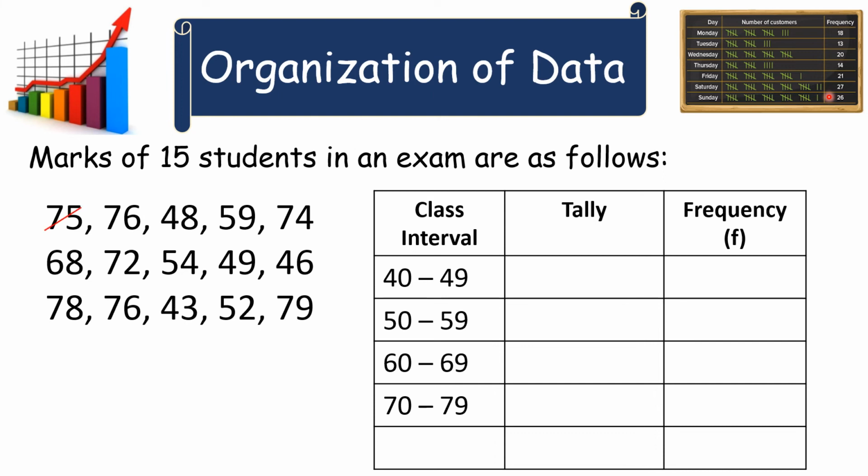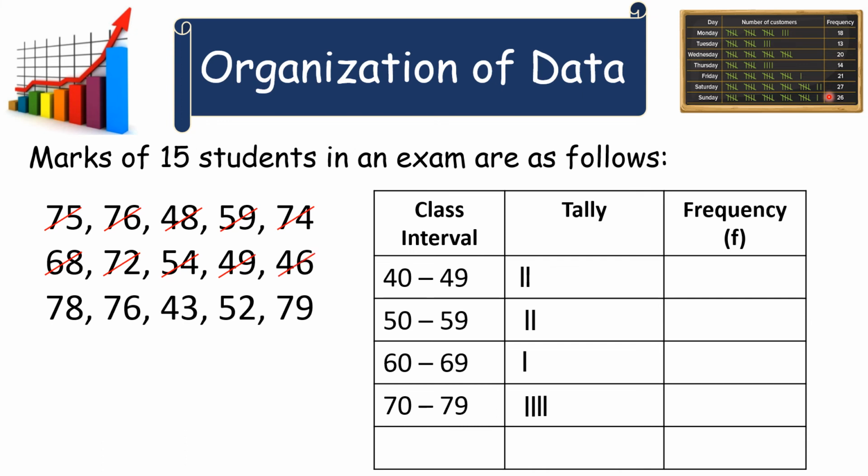So 75 will fall under 70 to 79, 76, still 70 to 79. Then let's continue. 48 will be 40 to 49. 59 will be 50 to 59. 74 will be at 70 to 79. 68 will be at 60 to 69. 72 will be at 70 to 79. 54 will be at 50 to 59. 49 will be at 40 to 49.